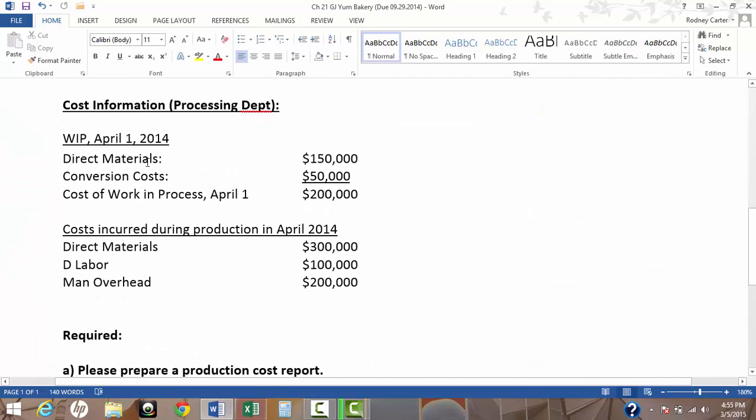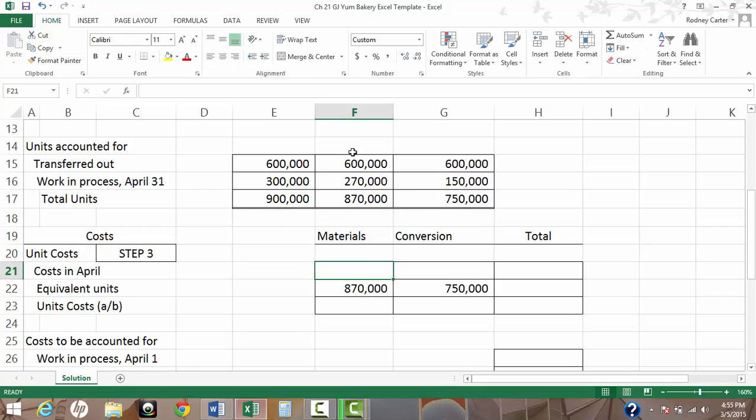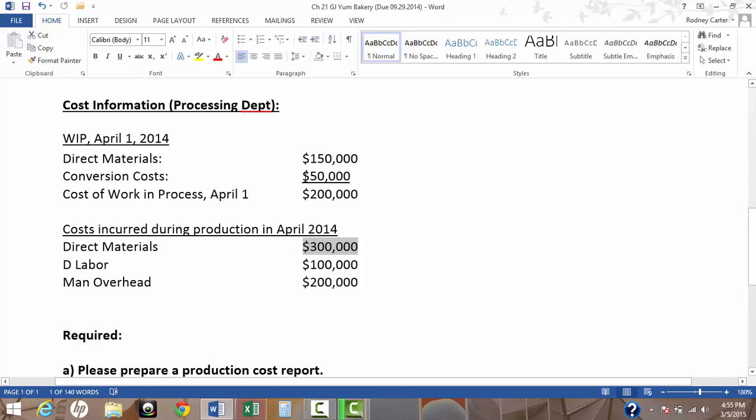We started with direct materials cost of 150 and we added 300,000. So I'm going to take 150,000 plus the 300,000. For conversion costs, I'm going to come back and see that we started with 50,000 and we added an additional 300,000.